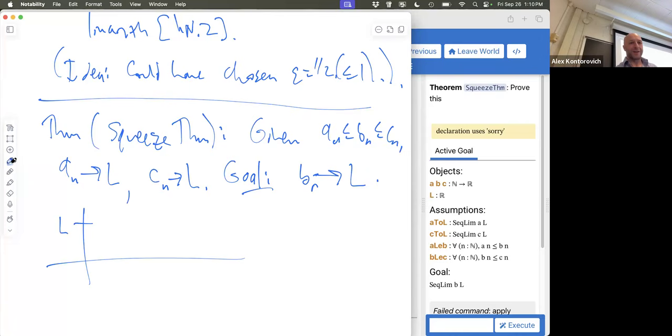So A could be going like, let's say this is A. Whatever A is doing is getting closer and closer to L. And B is between A and C, so C is always greater than A. Whatever C is doing has to stay above A, and it's also going to L. And all we know about B is that it's squeezed between them. Whatever B is doing has to stay no higher than C, no lower than A. That's B. Why is it the case that B then has to go to L?